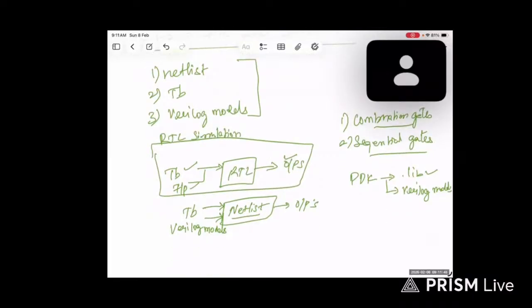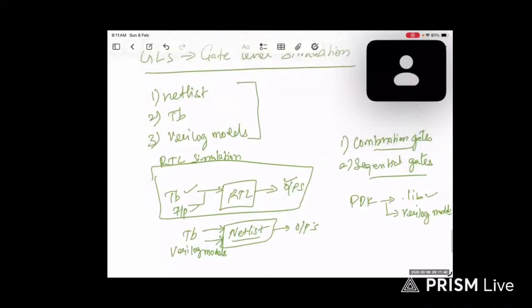For doing gate level simulation, that is using the netlist, we use the same RTL converted to netlist by the process of synthesis. Using the netlist, if you want to do the simulation, then you can use the same test bench and pass the same inputs, so that whatever output you are getting here, you can validate whether the same output I am getting here.